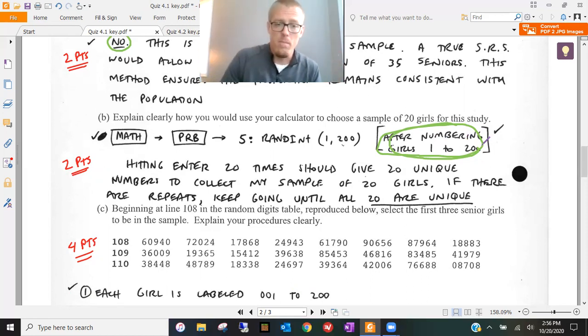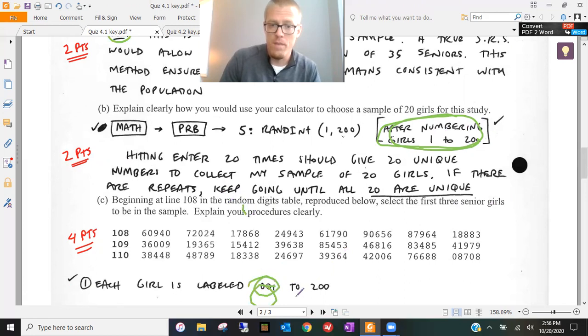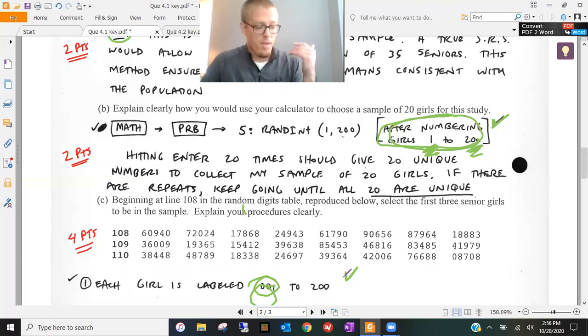It absolutely matters with a random number table, because how am I ever going to get a number from 1 to 9 if I don't use all 3 digits? So I have to specify down here 001, and I don't need to. It would be silly to specify it here, 1 to 200, but both of these are absolutely required for credit. Make sure you label the individuals in your study so that they can be randomly selected using chance process.